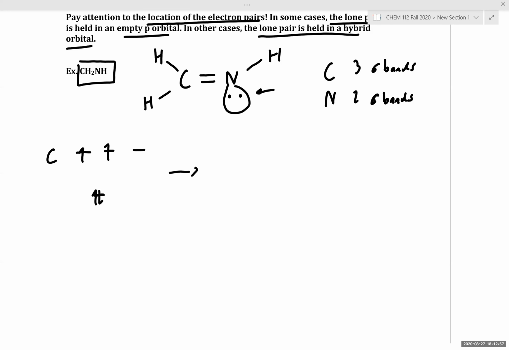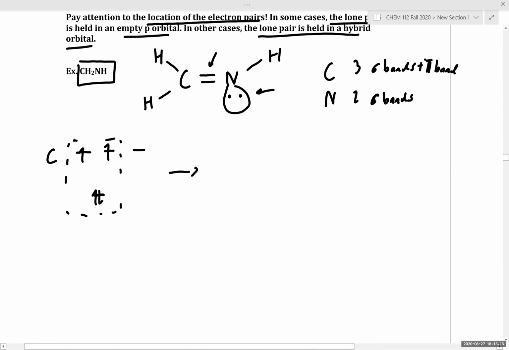If it adopts sp3, it can form 4 bonds. But carbon also wants to form a pi bond, a double bond. So what hybridization allows it to form 3 sigma bonds and 1 pi bond? And as I see in the chat, sp2 hybridization is spot on.